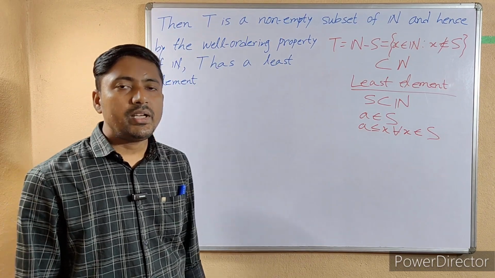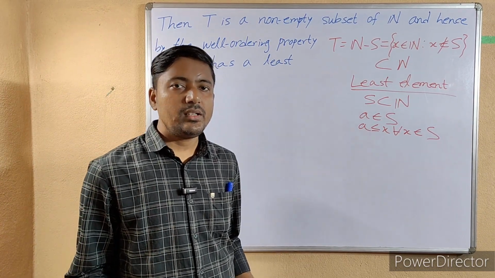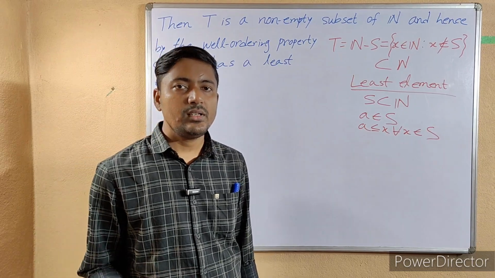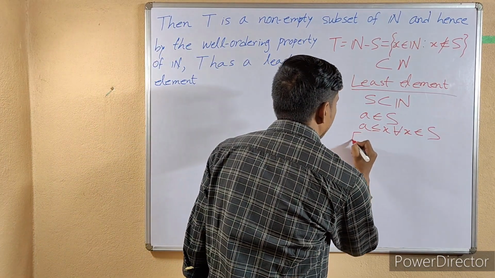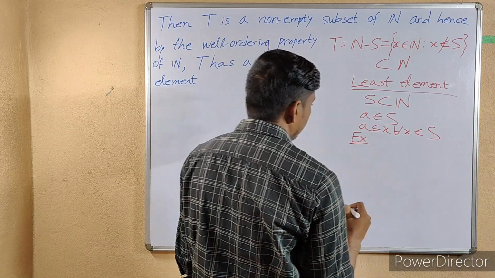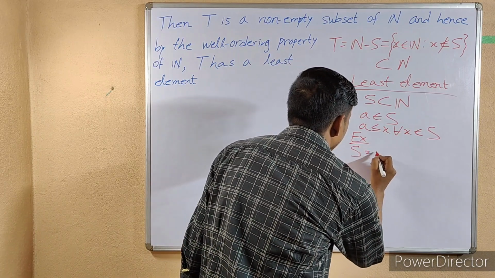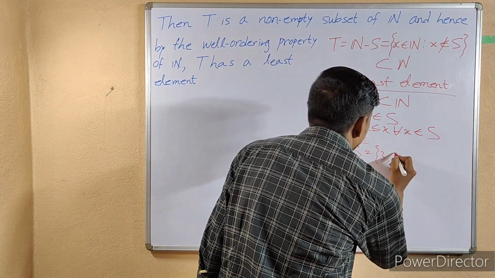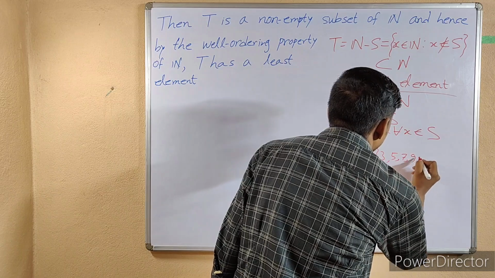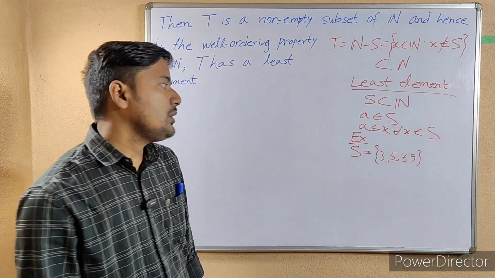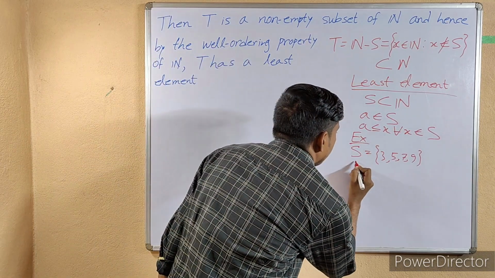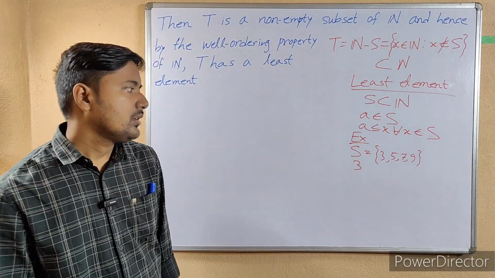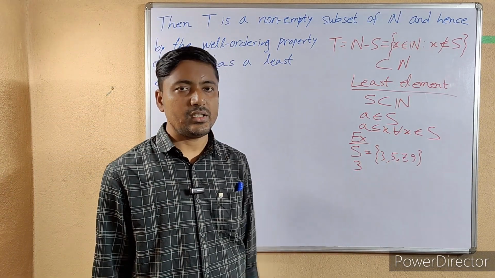We can say the least element instead of a least element because least element is unique. For example, the least element of the set S equal to 3, 5, 7, 9 is 3, the lowest number of the set.